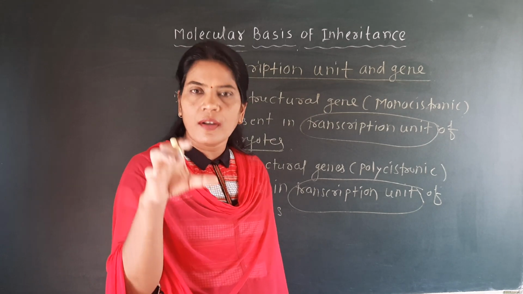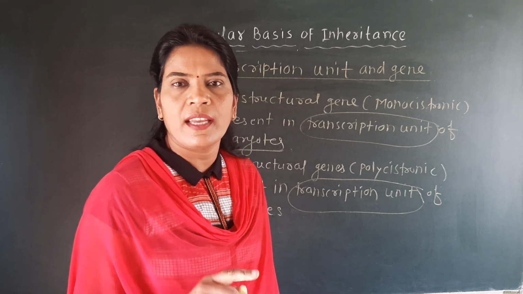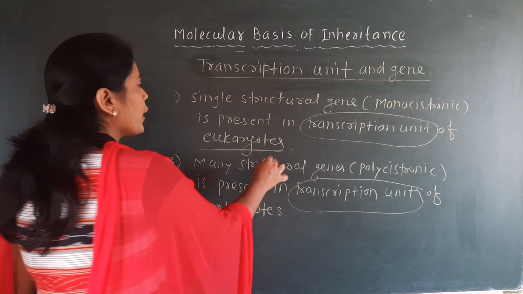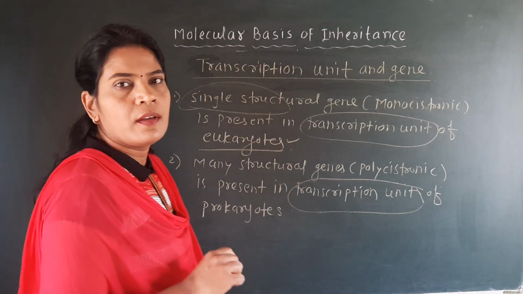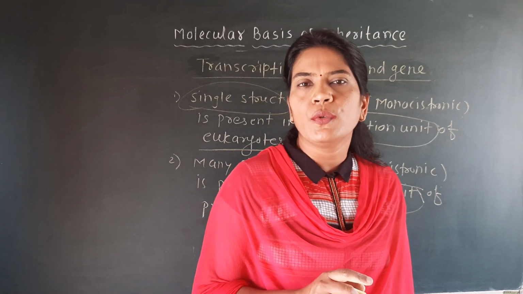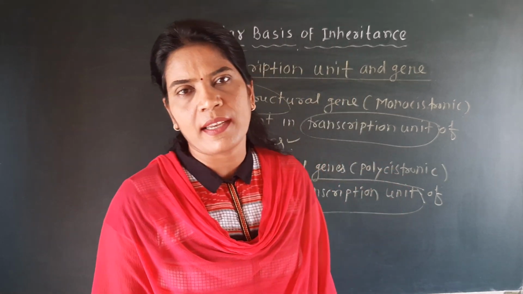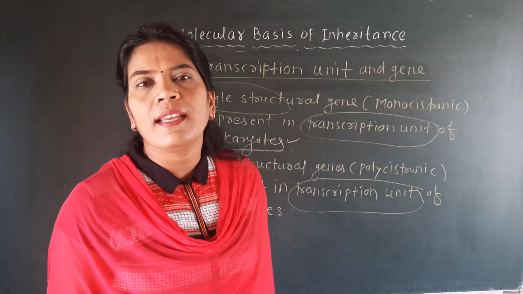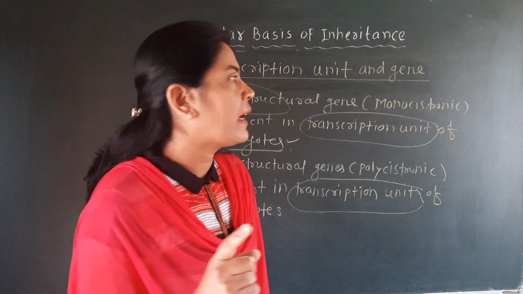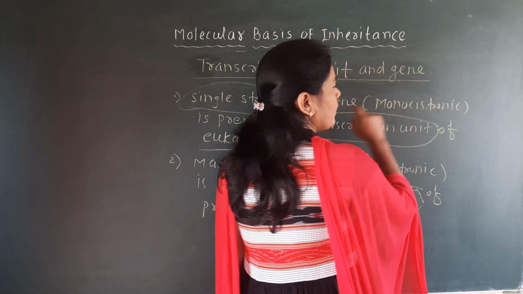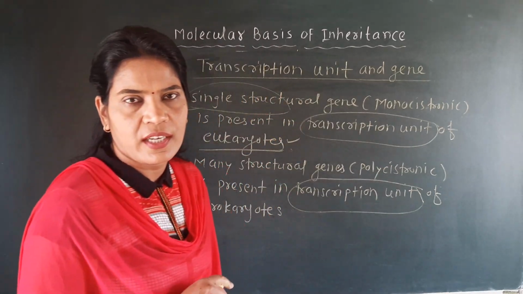So on this DNA in eukaryotes, only one structural gene is present. On the DNA of the eukaryotes which is going to form the mRNA, only one structural gene is present. One, that's why it is called mono. Mono means one. Monocistronic condition.